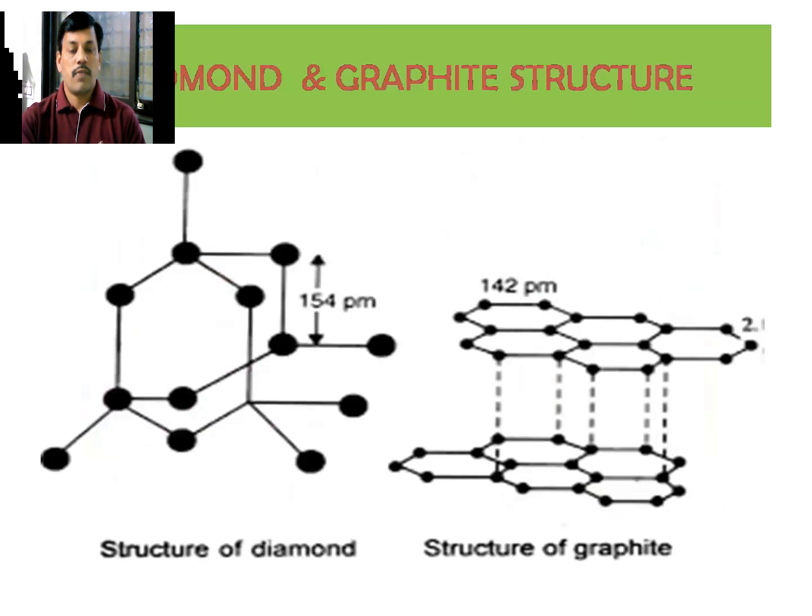Now if you particularly discuss two forms, graphite and diamond. In diamond, each carbon has a bond length of 1.54 angstrom or 154 pm. Each carbon is connected with 4 other carbons consecutively and forms a crystal. Diamond is very hard, and the carbon-carbon single bonding gives it strength.